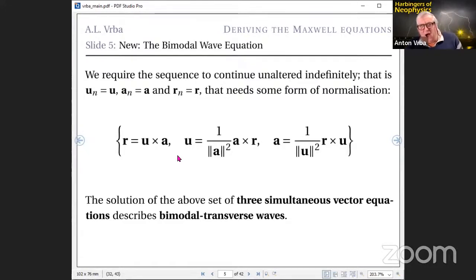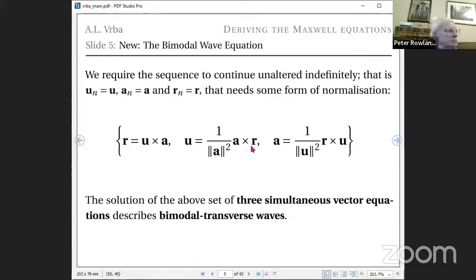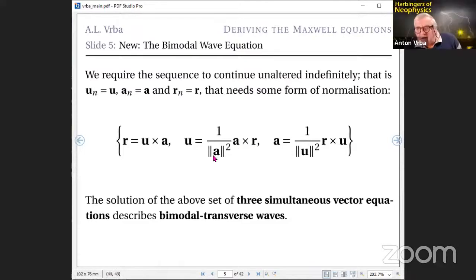So if I have r equals u cross a as the first one, and then u equals a cross r, you see I still do the rotation of the symbols as I did earlier. But if we look at r, I've got u a, so I've got a squared u on the top, and so I divide by the a squared again to bring it back to u.